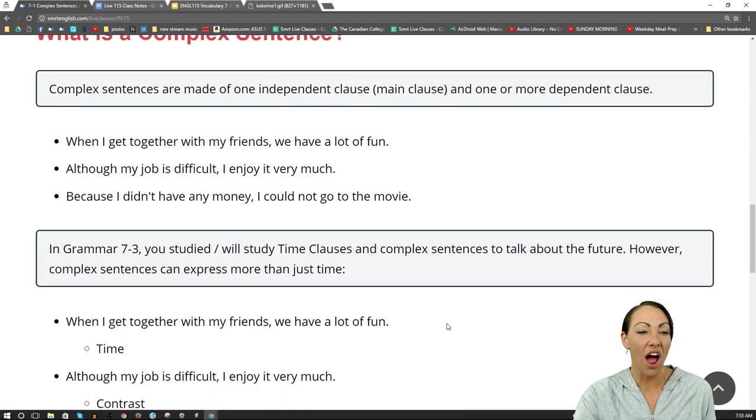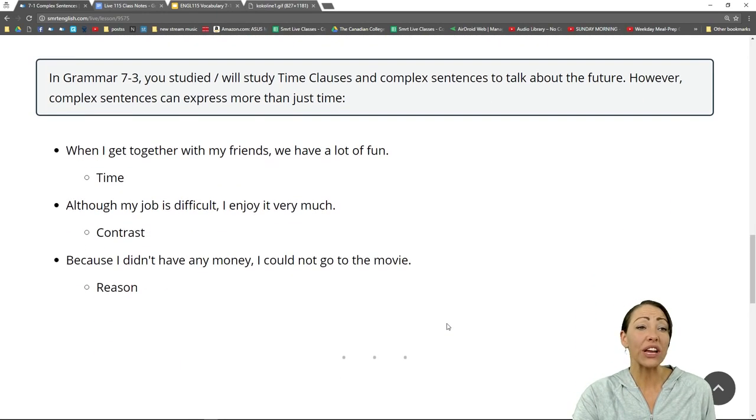So continuing on. In Grammar 7.3, we're going to go over time clauses and complex sentences that talk about the future. We'll be going over this next week, so I hope you can join us for that.